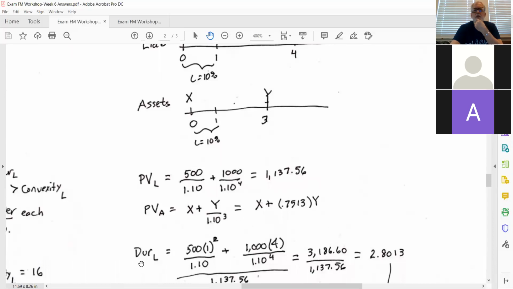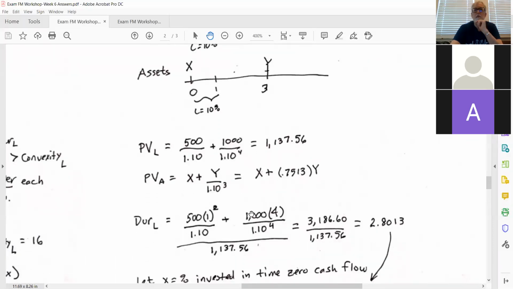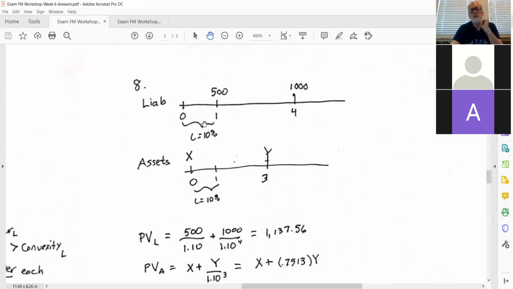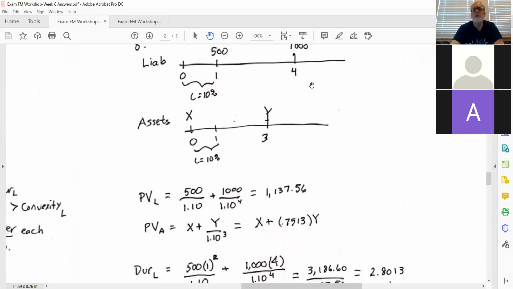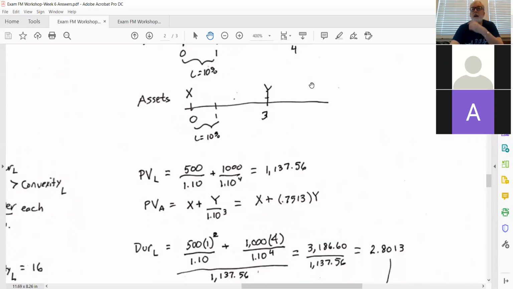To calculate the duration of the liabilities, well, there's not a formula. If it was an annuity, we could use I angle n over a angle n. If it was a bond, we could use Macaulay's formula. But it's just 2 cash flows, so you got to find the duration one at a time.